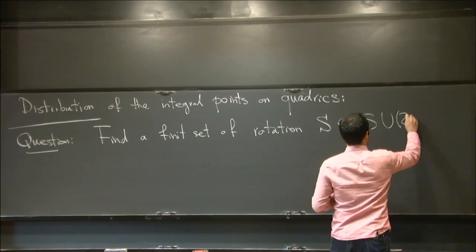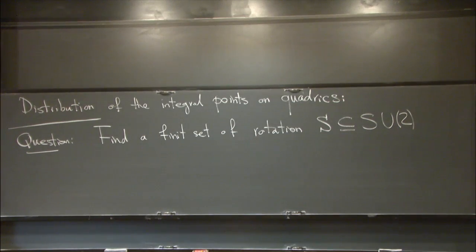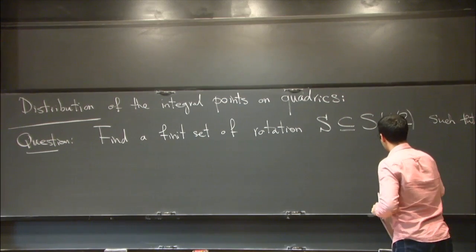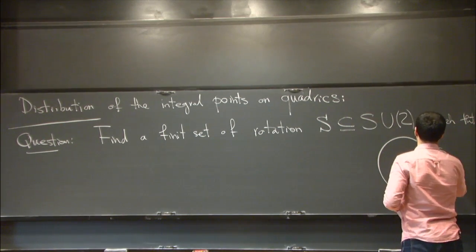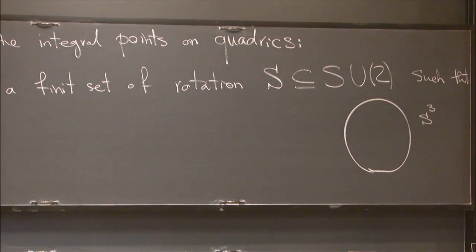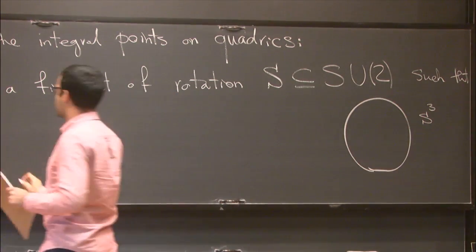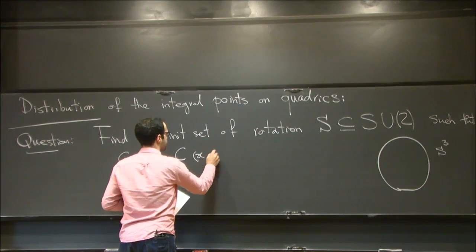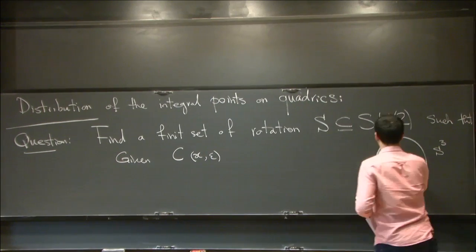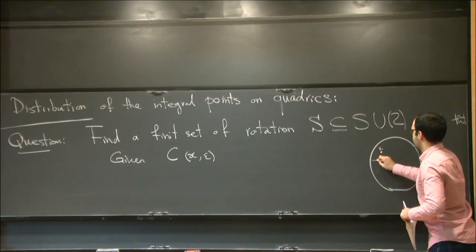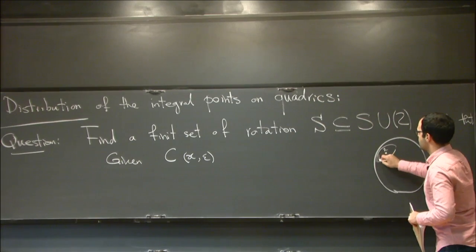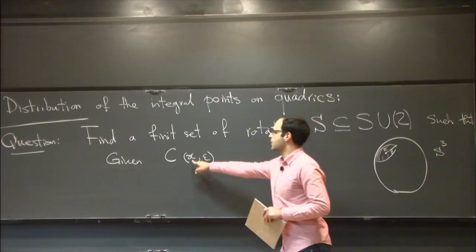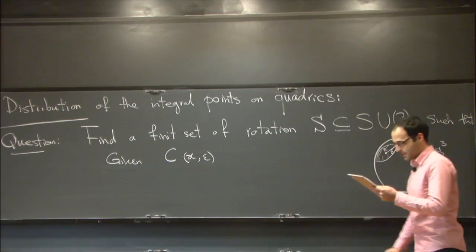I'm going to look at them as elements inside SU2 such that, I'm going to identify SU2 with S3, the three-dimensional sphere, such that given a cap, C x epsilon. A cap simply means the intersection of a ball with the surface of the sphere. So a cap is given by a center and its radius, a size epsilon.